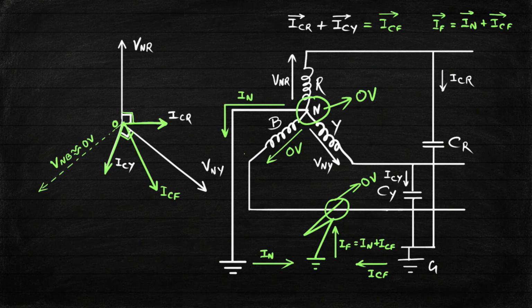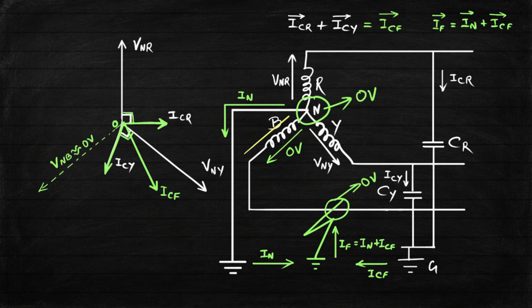Why? Because every transformer winding has some inherent leakage reactance. Therefore, even during the fault, there will be a small voltage drop across the winding due to this leakage reactance. Since the transformer winding is predominantly inductive, this voltage drop is mainly due to inductive reactance. Now, notice what happens.